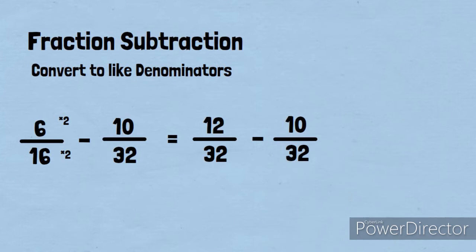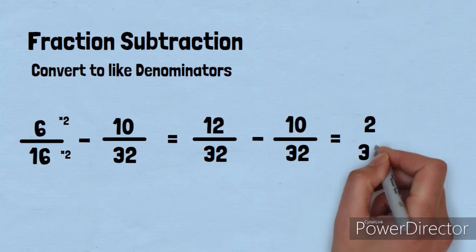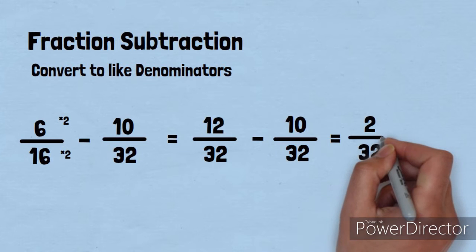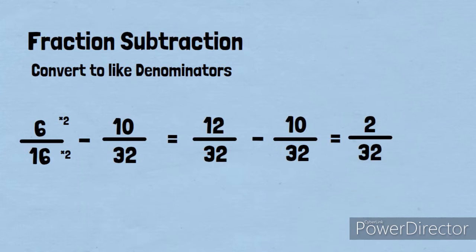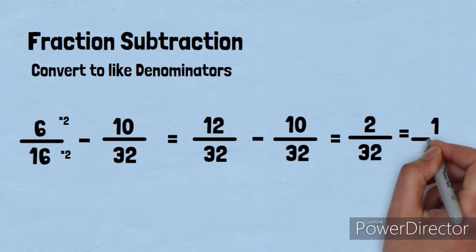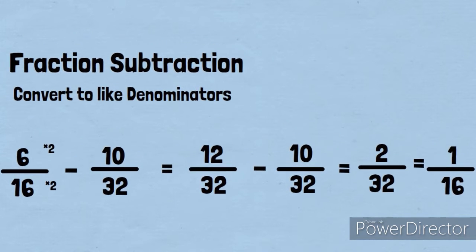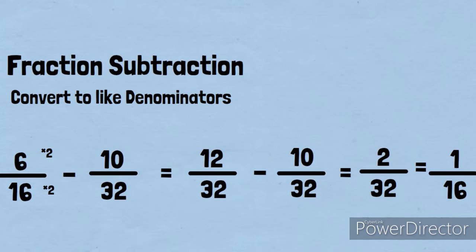Our denominators are now the same, so we can easily subtract. 12 minus 10 is 2, and the denominator is 32. Now, let's simplify. 2/32 is simplified to 1/16. So, 6/16 minus 10/32 equals 1/16.